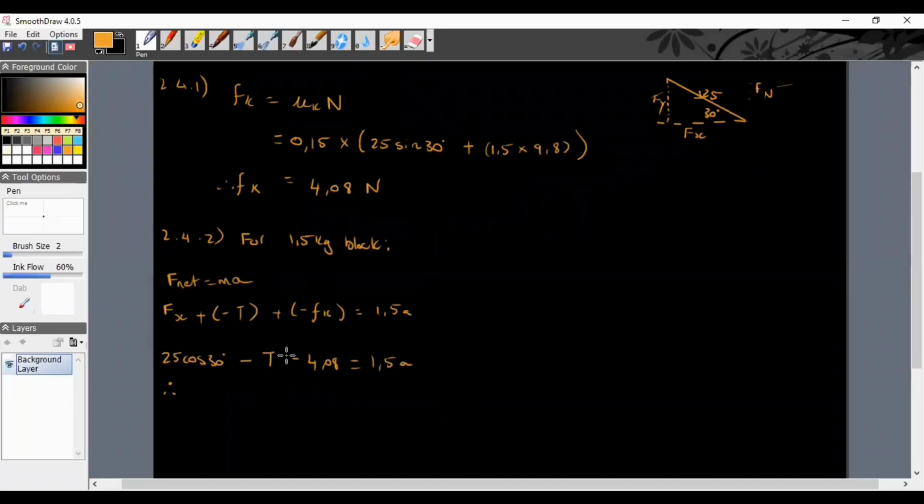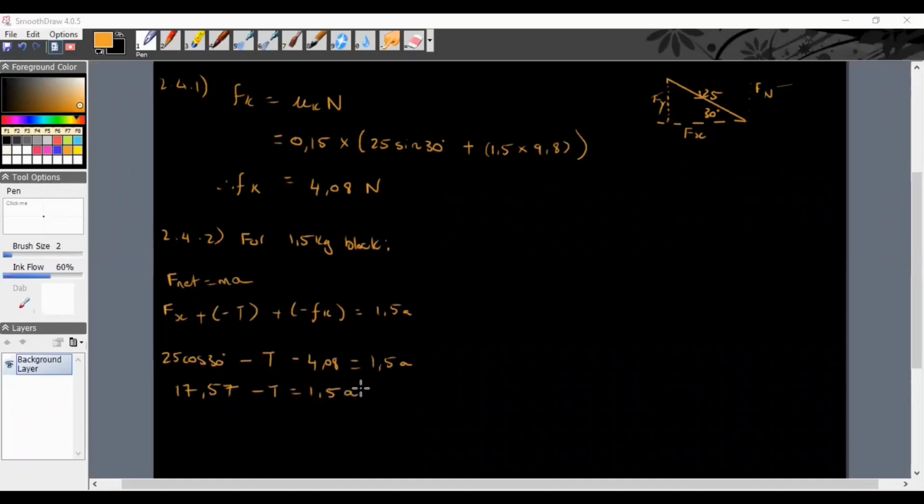Okay, so once we have that, it will look something like this. You'll have 17.57 minus tension equaling 1.5A.